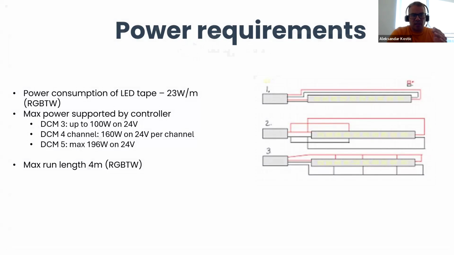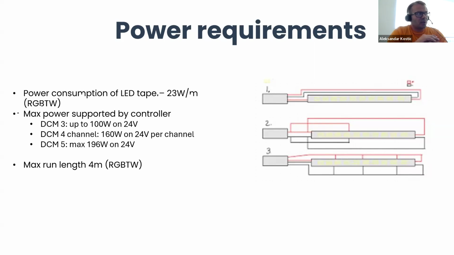Different LED tapes have different power consumption. For example, RGB tunable white has 23 watts per meter. Depending on the total length of LED tapes, we can estimate what power budget we should have in order to give our LED tapes the proper power supply.